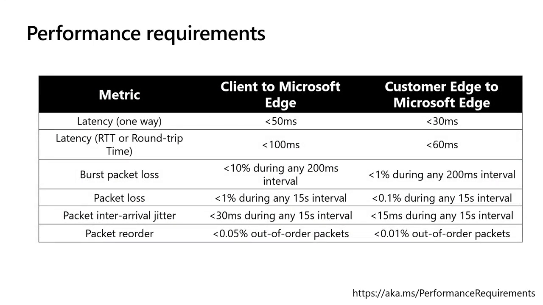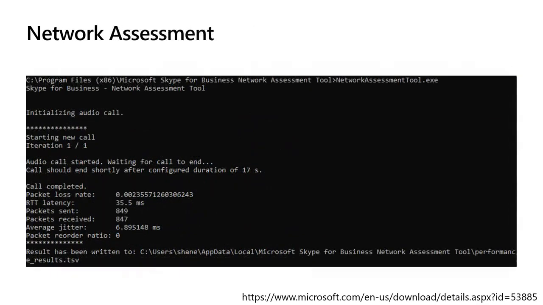Some performance metrics. With these performance metrics, basically the latency and the packet loss, what you'll notice is it's all available through our network assessment. With the network assessment, one thing I do sometimes is I'll set up a PC and constantly run this every few minutes and log all the statistics, constantly running the calls. You can configure it to make a 30-second call.